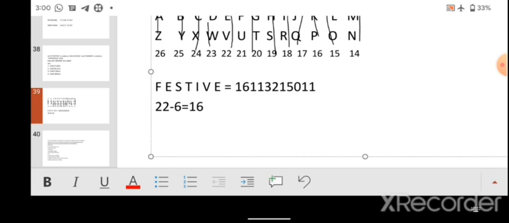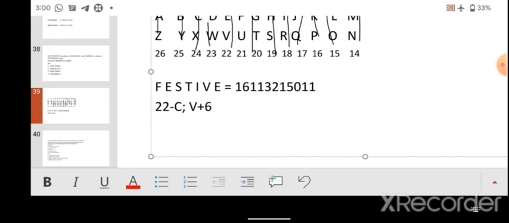So yes, we get 16 here. Let's see if it works for S. What is the value of S? S is 19. So 22 minus 19 is 3. Yes, there is 3. So what is the logic? 22 minus consonant, and vowel plus 6. That is the logic.